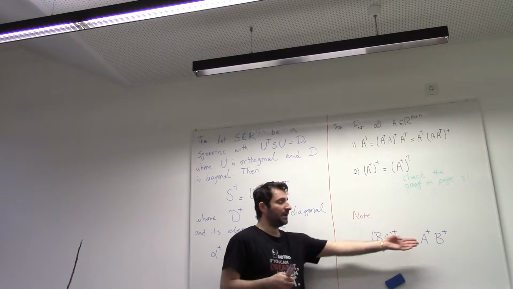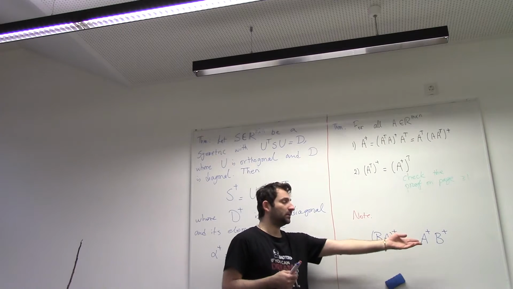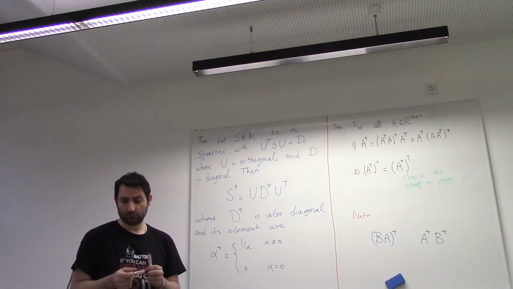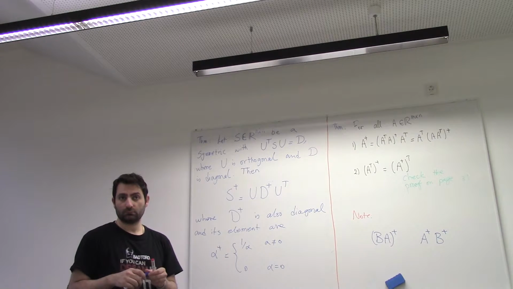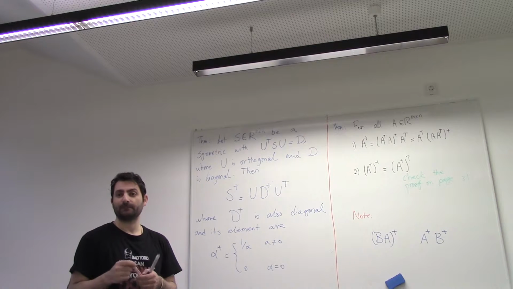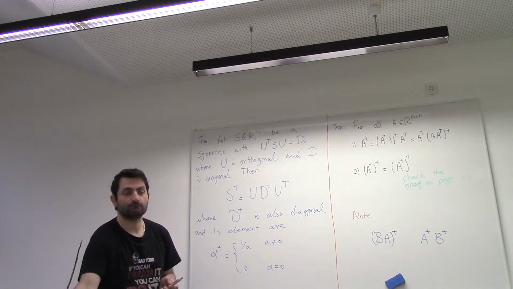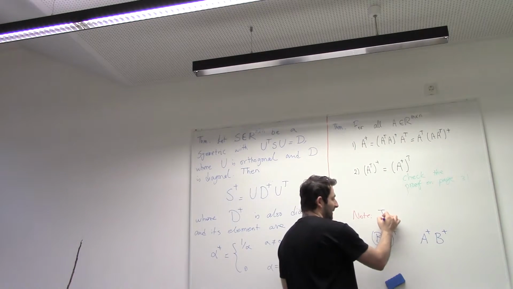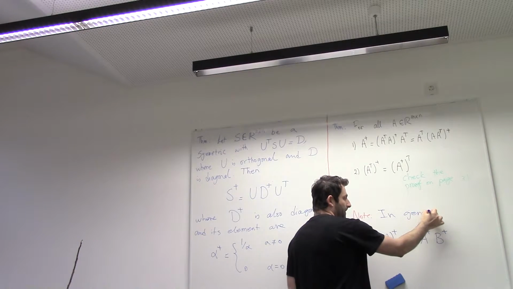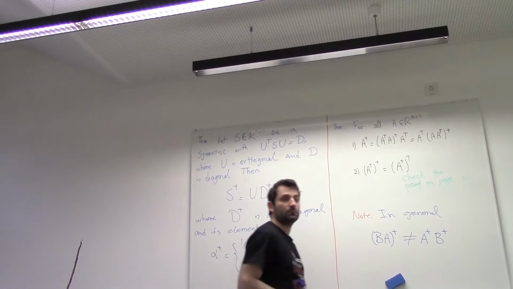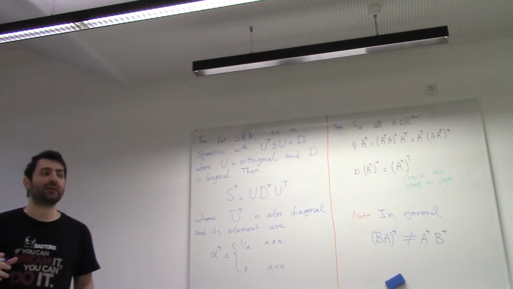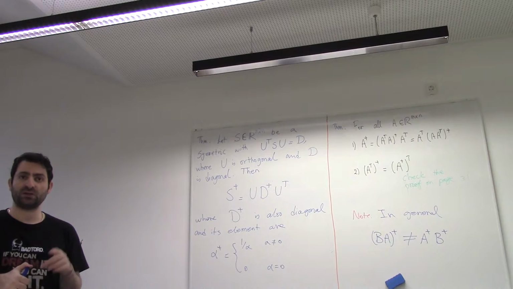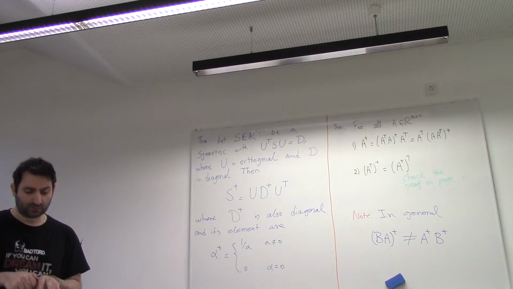If this is equal to this one, this is not equal to this one. It's equal if they are orthogonal, but I don't think it's equal in general. As Hassan said, they are not equal to each other. We can put lots of constraints and then they become equal, and you can come up with lots of examples in which they are equal, but in general there is no obligation that they are equal.